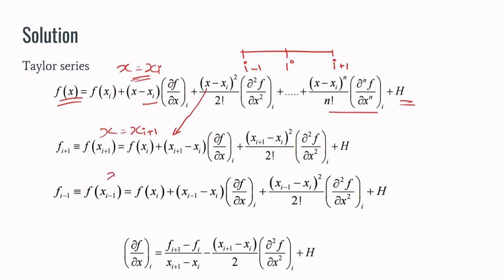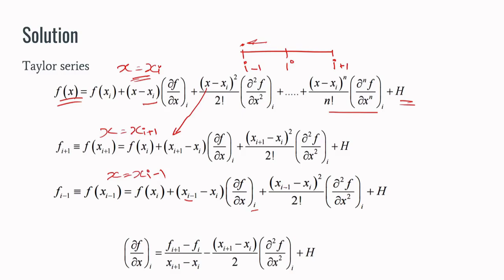Suppose we are using that at x is equal to x i minus 1. So again we are substituting the x as x i minus 1. So here f of x i minus 1 is equal to f of xi plus (x i minus 1 minus xi) into ∂f/∂x at i.